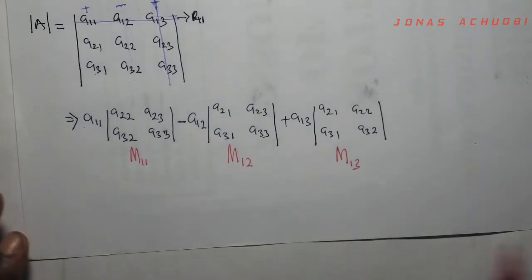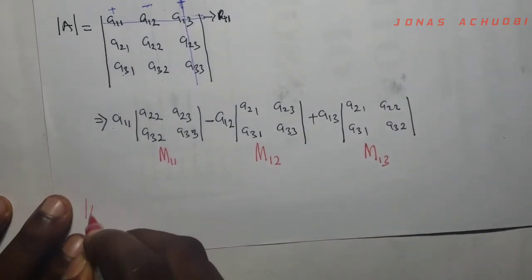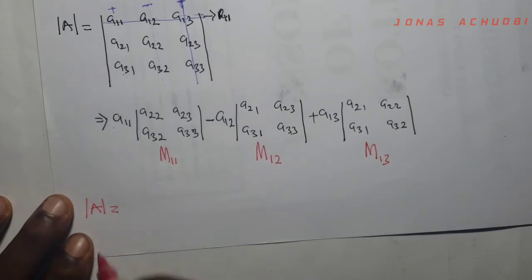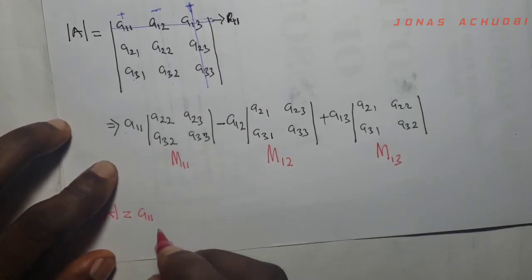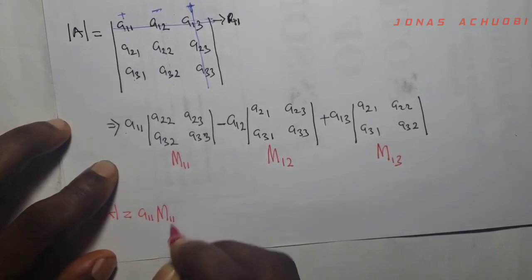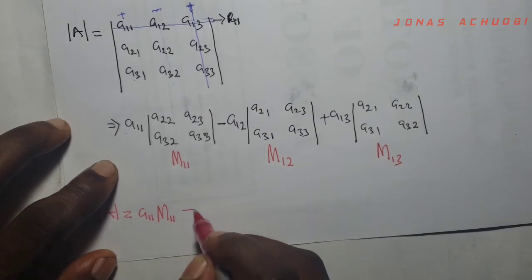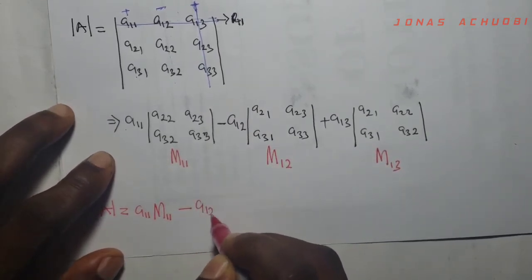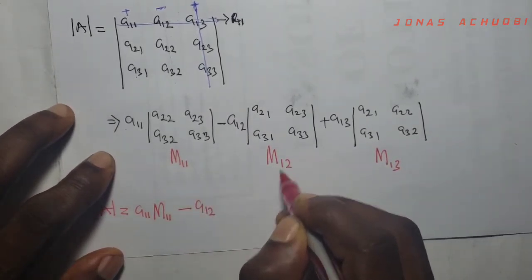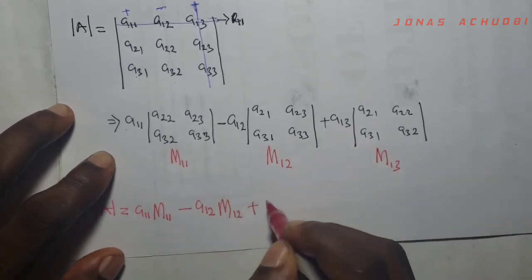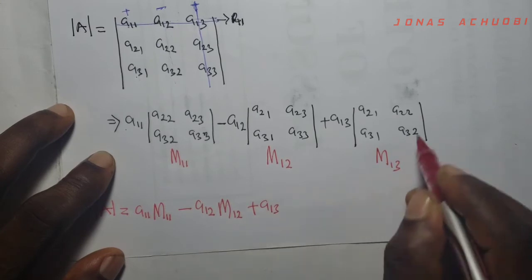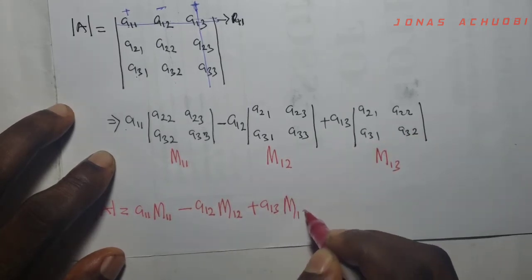So the determinant of matrix A, expanded using row 1, is equal to A11 times the minor of A11, which is M11, minus A12 times M12, plus A13 times M13.